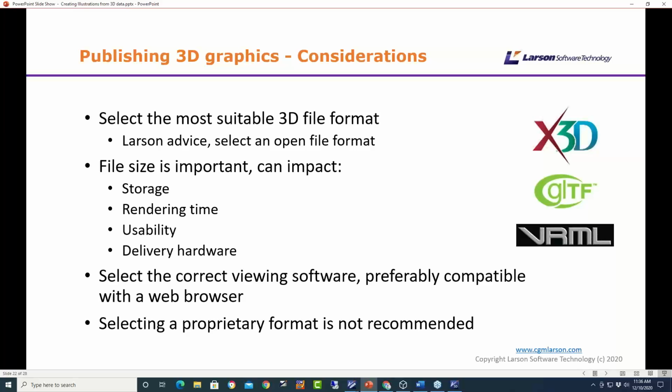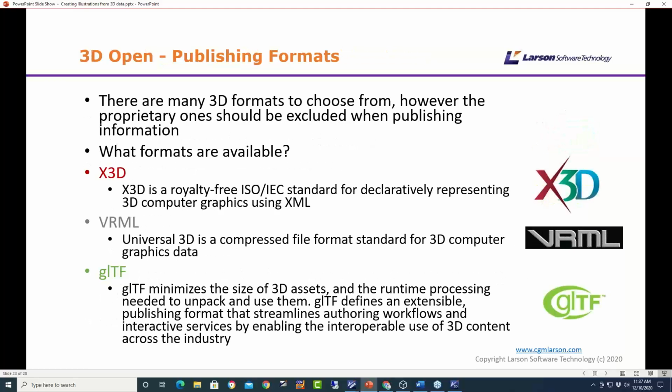So from a viewing perspective, you need to really think about how you're going to view these files, what environment they're going to be in. And also, again reinforcing, proprietary is definitely not going to get you on the web unless it's a proprietary viewer, some kind of plugin.